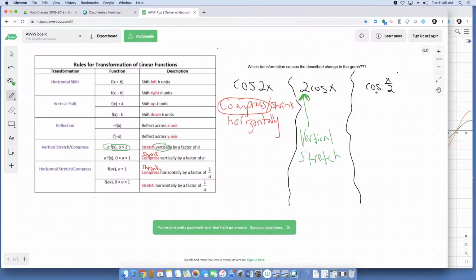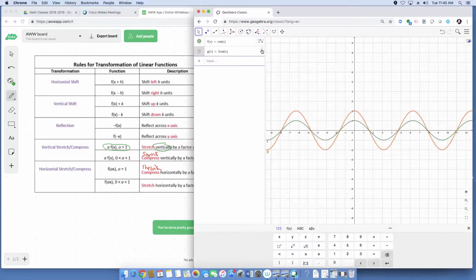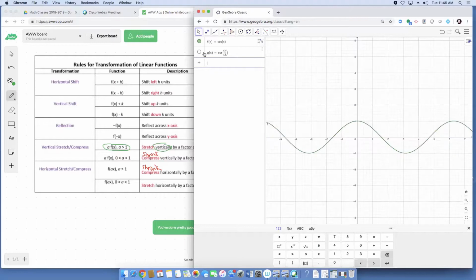Okay, last one, cosine of x over 2. Let's go ahead and delete this one. Cosine of x over 2. All right. Okay, so again, we're just going to look at our parent function right here, and then we're going to look at the transformed function.